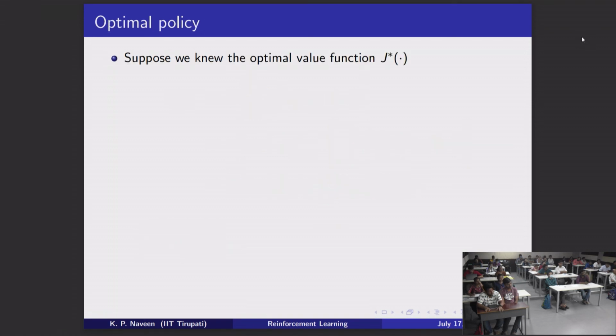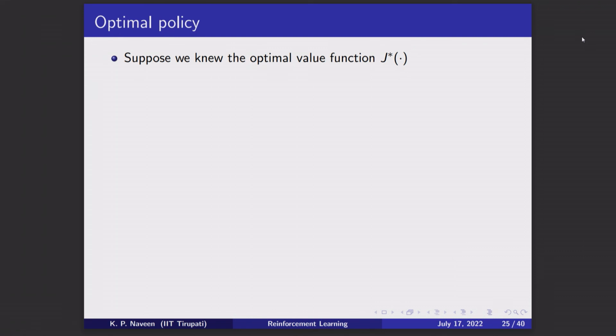Now this is the next slide, which is also very important. So here is the trick actually. There is a lot of theory behind this, but I'm just doing it in a hand waving fashion here. Suppose magically I tell you what the optimal value function is.